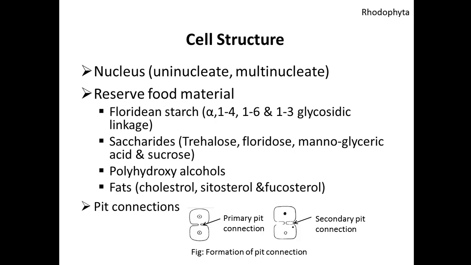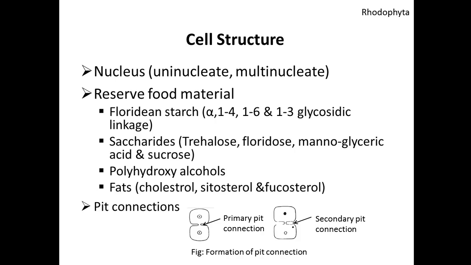Other reserve substances of low molecular weight include saccharides like trehalose, floridoside, monoglyceric acid, and sucrose. Certain polyhydroxy alcohols are abundant in some forms. Fats are also stored. They include cholesterol, sitosterol, and fucosterol.